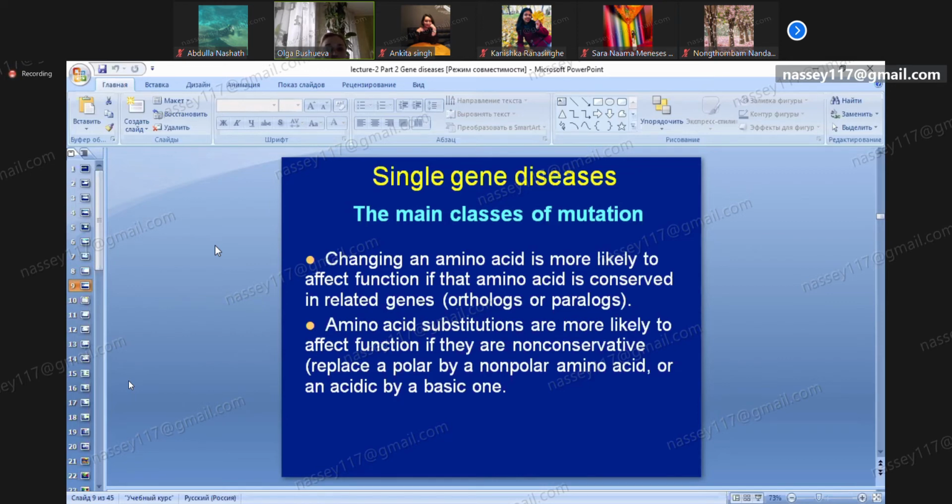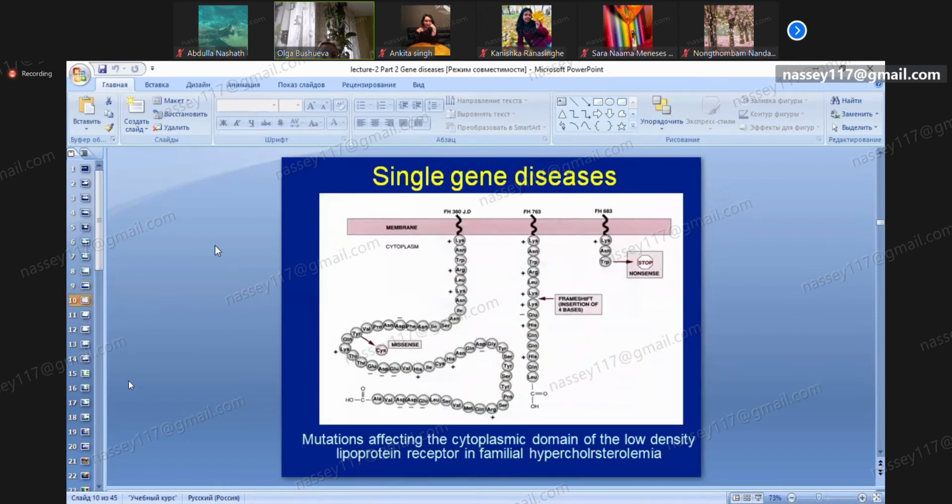Changing an amino acid is more likely to affect function if that amino acid is conserved in a related gene, so-called orthologs or paralogs. Amino acid substitutions are more likely to affect function if they are non-conservative, replacing a polar by a non-polar amino acid or an acidic by a basic one.